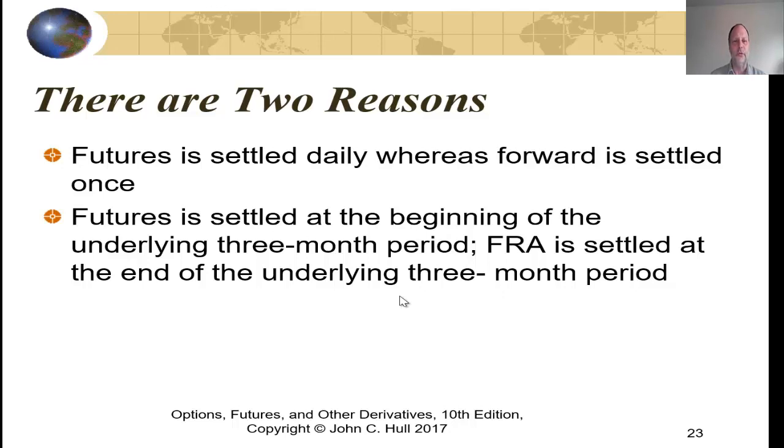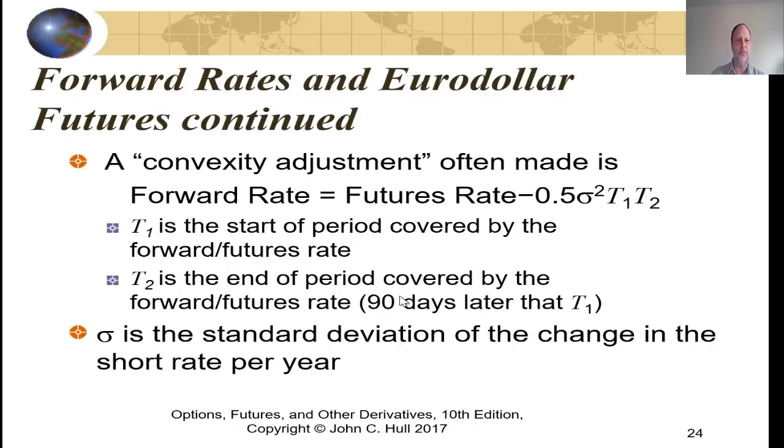So since the futures are settled on a daily basis, you receive money and you can reinvest that money every day at an interest rate. Futures is settled at the beginning of the underlying 3-month period. A forward rate agreement is settled at the end of the underlying 3-month period.